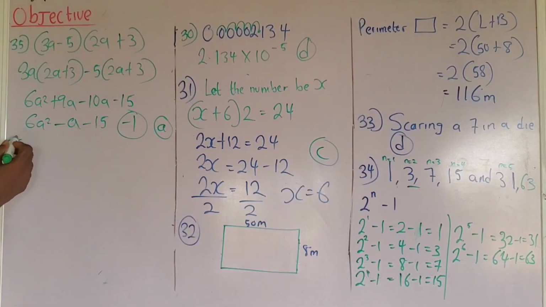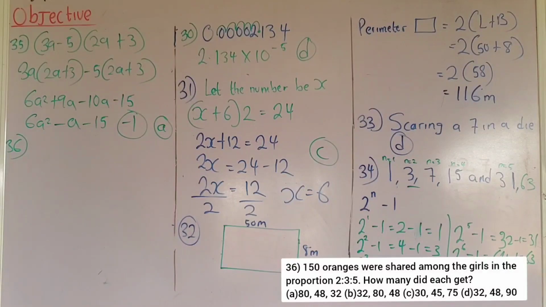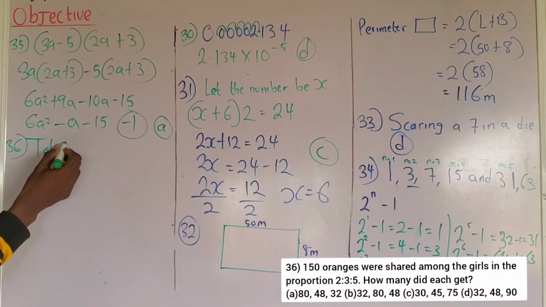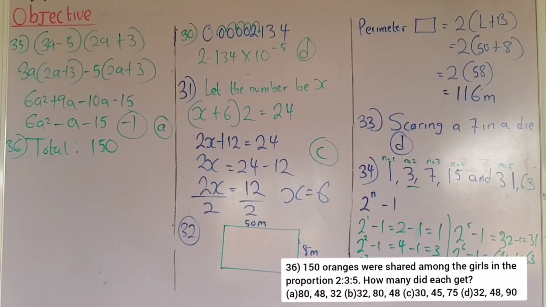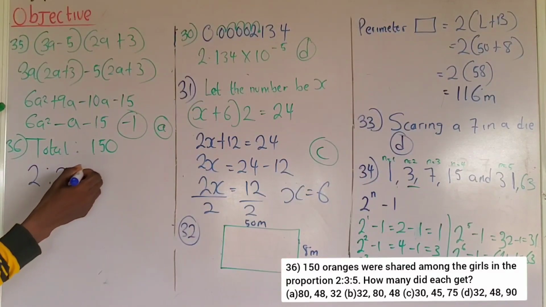Okay, so let's proceed to question 36. For question 36, we have 150 oranges shared among the guests in the proportion of 2:3:5. How many did each of them get? Total number of oranges is 150. Now we are given this ratio, 2:3:5.